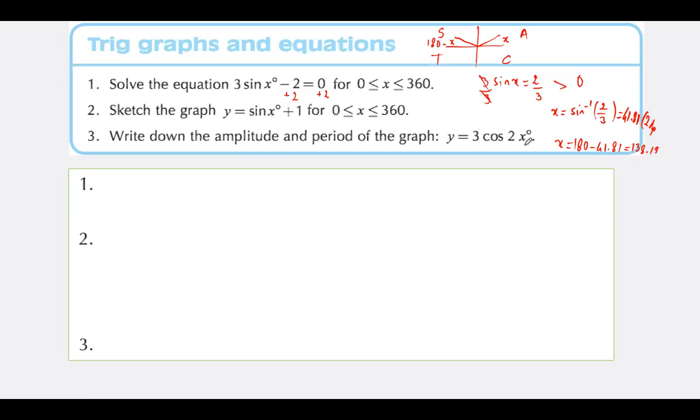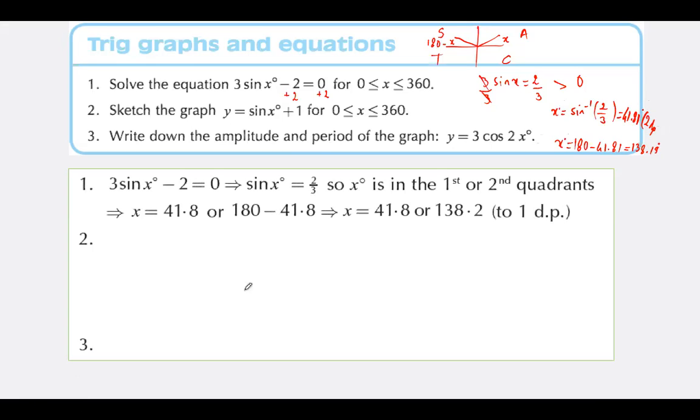So you've got your 2 answers there. You can put a wee degree here if you want, x in degrees, just to keep us all right. Let's check that the answers are okay. 41.8 to 1 decimal place, 138.2 to 1 decimal place.